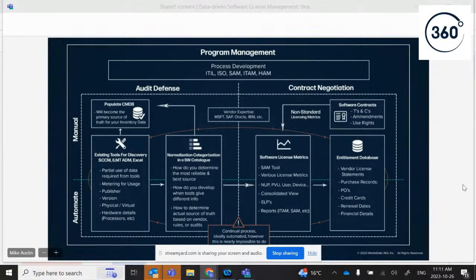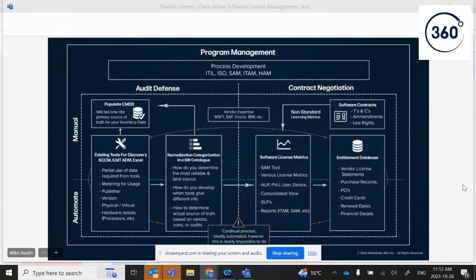So this is the slide that we're going to talk about today. Okay. I am going to start in the bottom left corner, and then work my way to the right, and then back up and around, counterclockwise, I guess that is. And I'm going to talk about what I believe to be automated processes, what I believe to be manual processes.